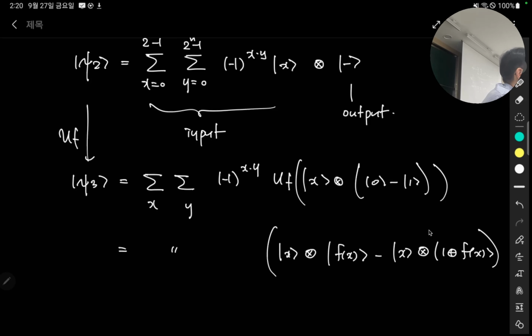They only differ by a minus sign. So it's plus 1 when f of x equals 0, or minus 1 if f of x equals 1. So I can rewrite this as 0 minus 1 times minus 1 to the f of x.